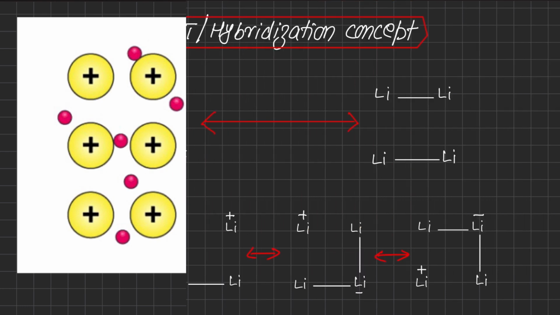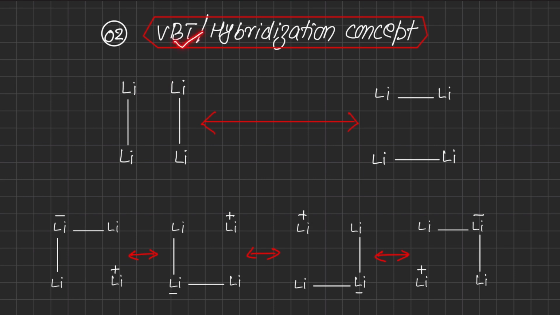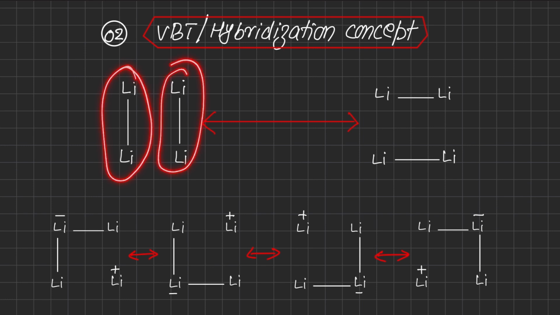Metallic bonding can also be explained by valence bond theory or hybridization theory. For example, in this picture, we have explained the bonding between different layers of lithium atoms in metal. Here we see that between these atoms, a single common sigma bond is formed by mutual sharing of electrons.